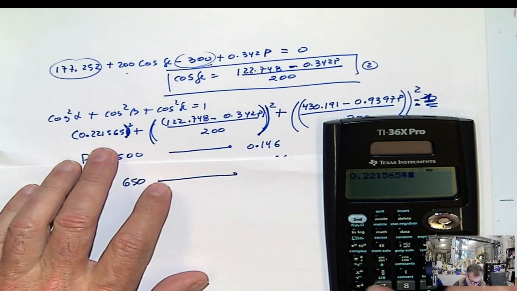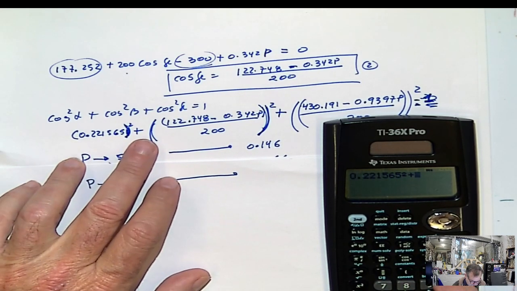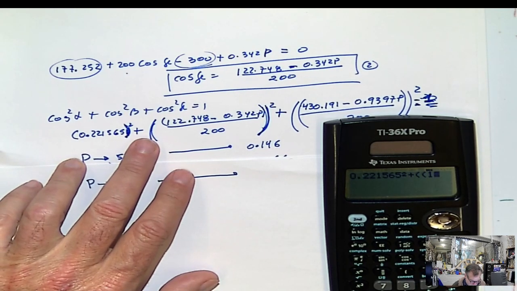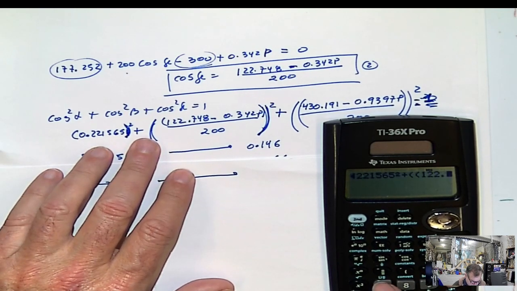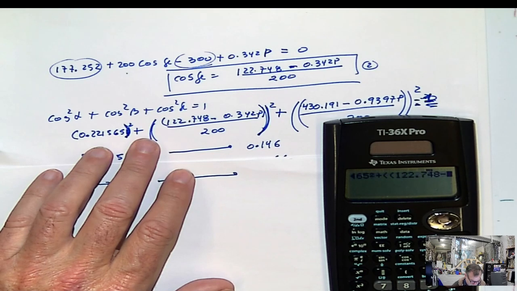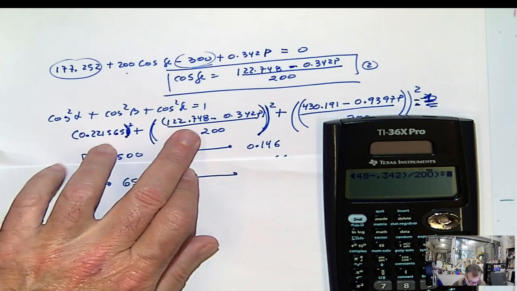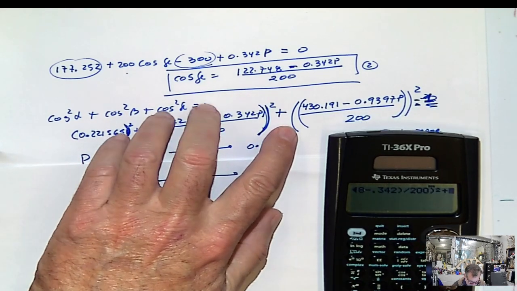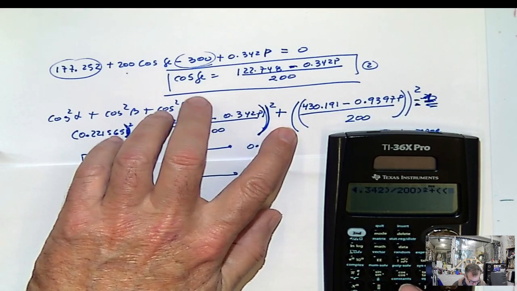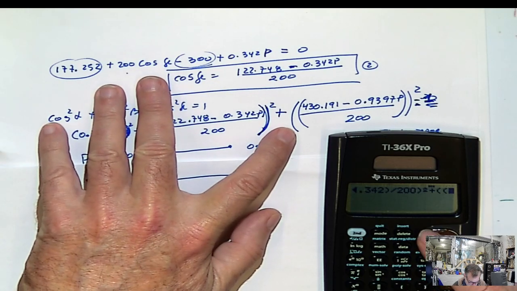0.221565 squared plus parentheses 122.748 minus 0.342 divided by 200 plus parentheses square plus parentheses, but I didn't put the value.